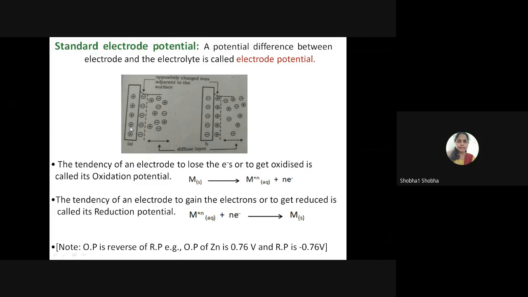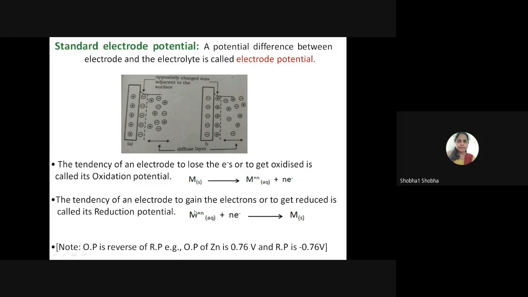So this is oxidation potential. Oxidation potential is nothing but losing of the two electrons. Therefore, onto the anode, oxidation potential takes place. The tendency of the electrode to lose electrons to get oxidized is called its oxidation potential, and the tendency of an electrode to gain electrons or to get reduced is called reduction potential.